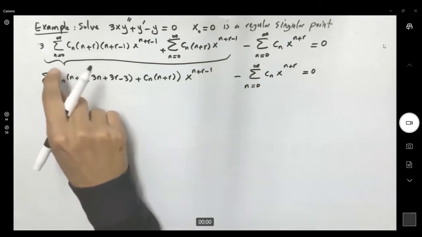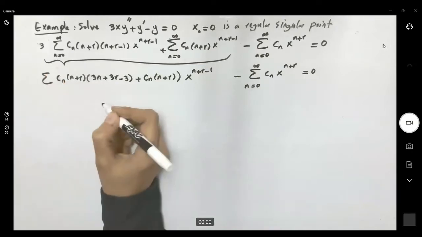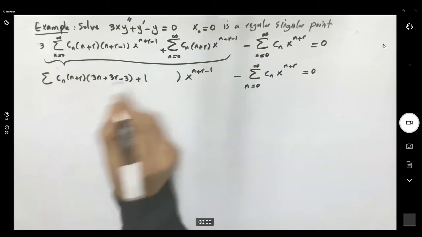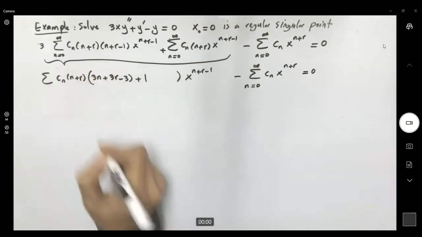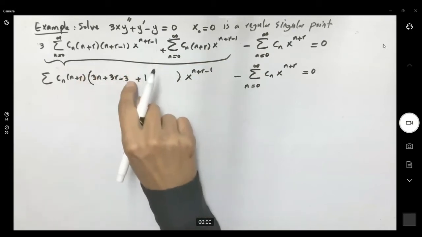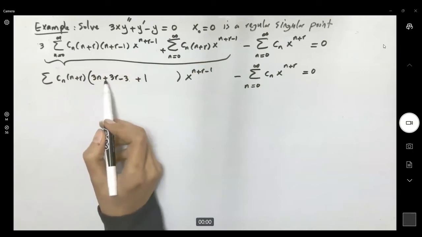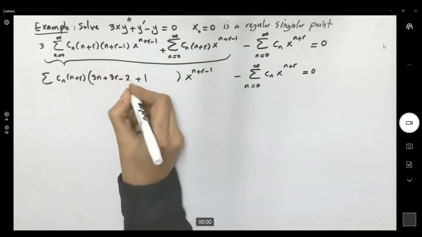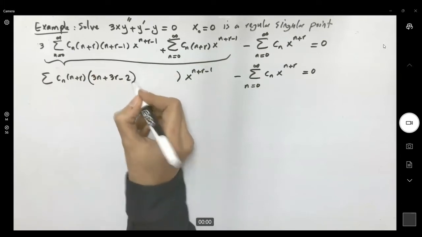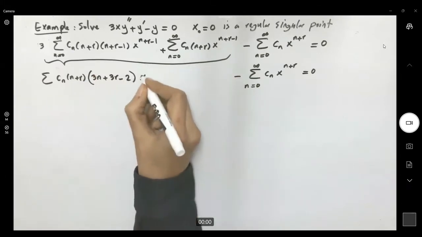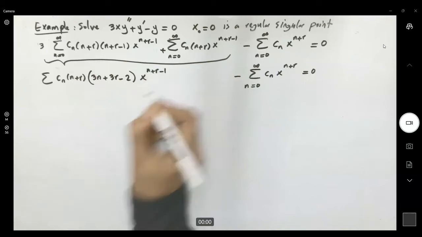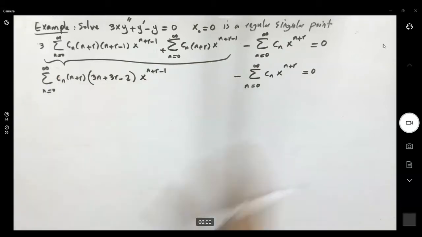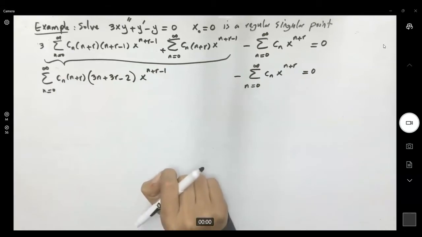So if I factor out Cn (n plus r), what I get is 3(n plus r minus 1) plus 1 here. So this becomes 3n plus 3r minus 2. It's multiplied by x to power n plus r minus 1 and start from 0 to infinity. And this is my second series.